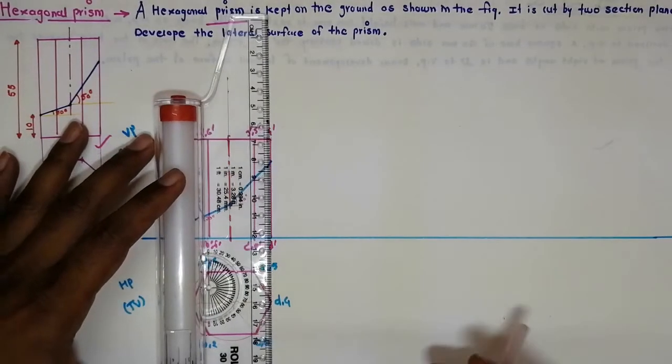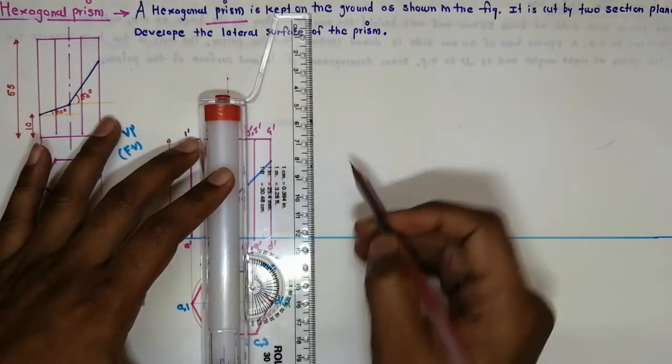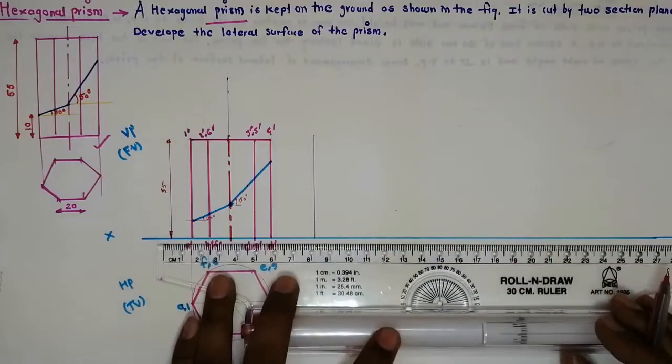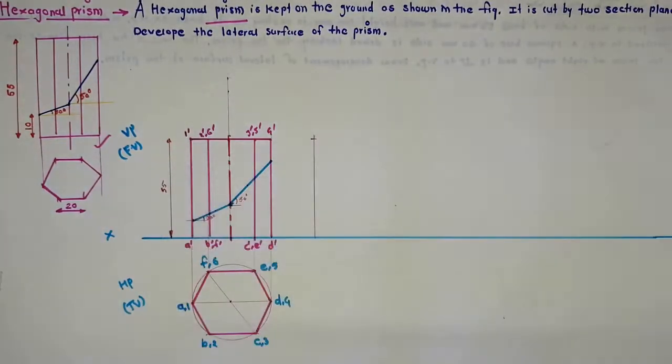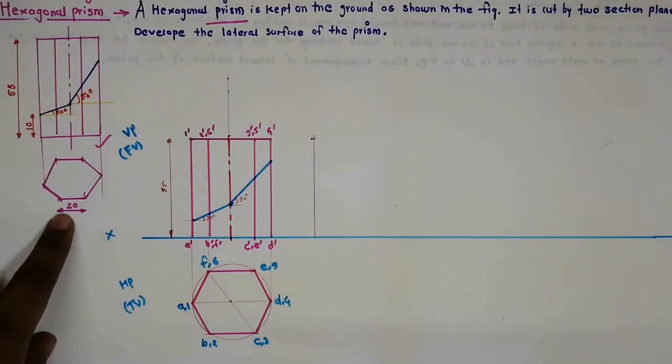To draw the basic development, it is by the parallel line development. So we'll take here 55 mm, the parallel line, up to here. Okay, so take a parallel line to the axis. Now how much is the length of the development? The length of the development is equal to the number of sides multiplied by the length of the side.